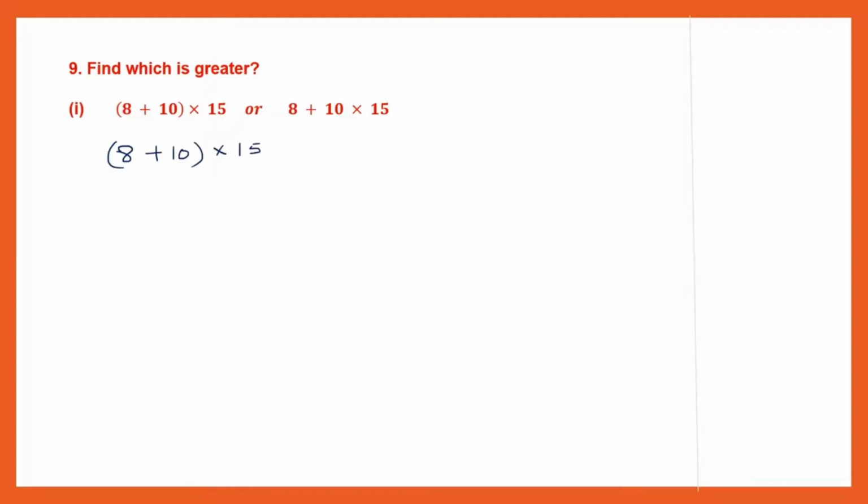Now let's recollect BODMAS. BODMAS is the rule that we should follow when our question has more than one operation. Now here we have plus, we have multiplication, we also have brackets. According to BODMAS, the first thing that we need to do is brackets.